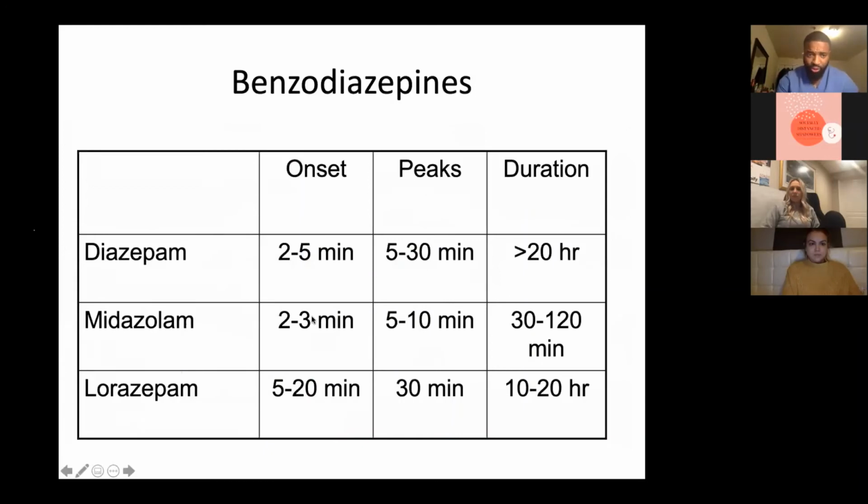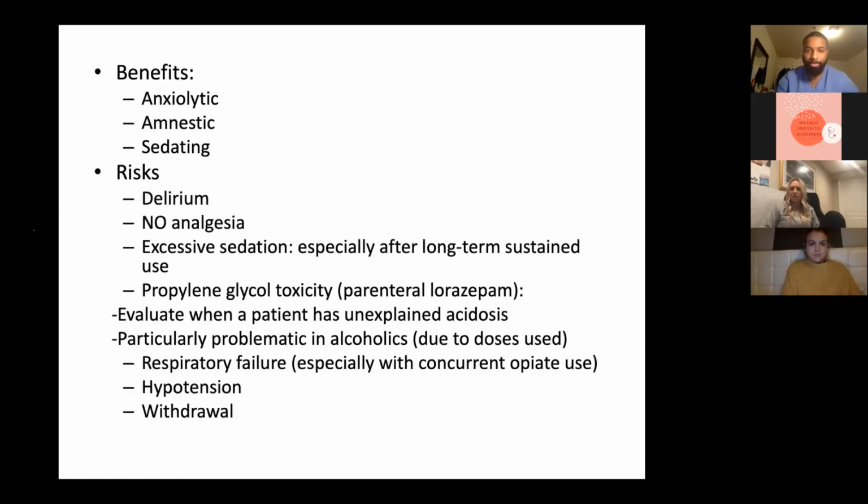The benzos we use: we have diazepam, which has an onset of 2 to 5 minutes, peaks at 5 to 30 minutes, and lasts greater than 20 hours. We have midazolam, and then we have lorazepam. You use all of these, and they all have their particular side effects and reasons why you use them.